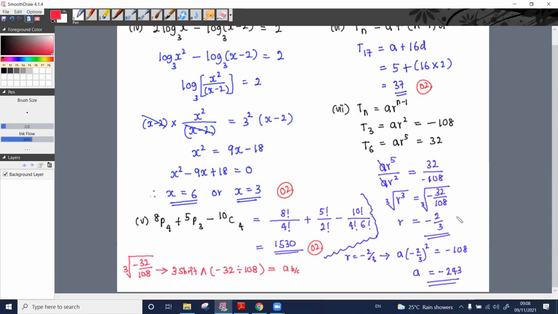Right. So here, if you have got this r value, then allocate 1 mark. If you found the value of a, then give 1 mark here. That is from geometric progressions.